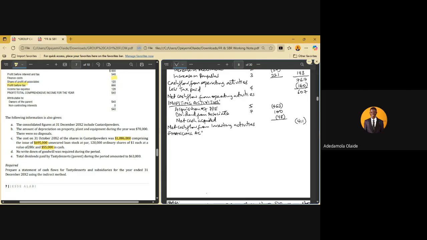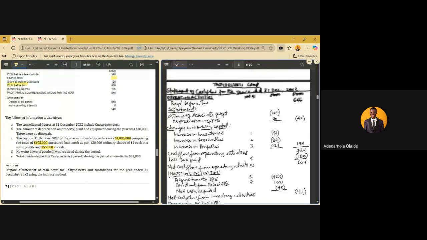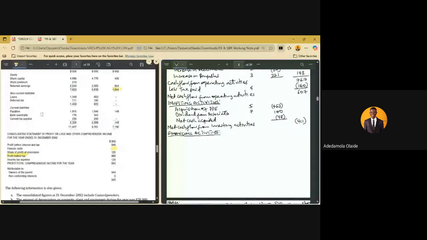Then we can go to financing activities. For financing activity, we don't have anything like that in our SOPL here because the finance cost we have there does not have a value. So we leave that out.